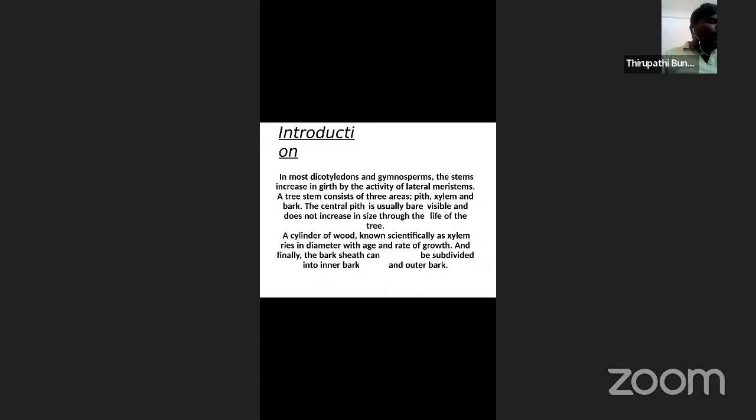In spring season, that is early wood, thick walls form and the plant shows highest activity. The late wood is lowest activity.